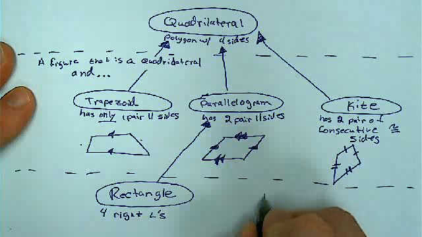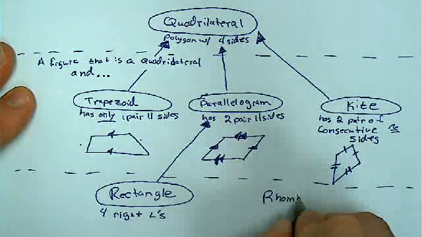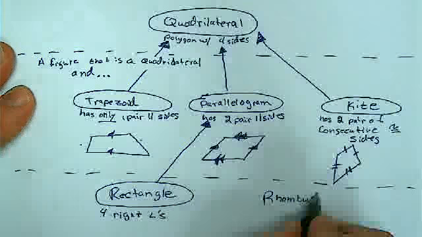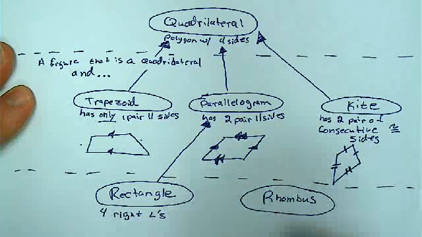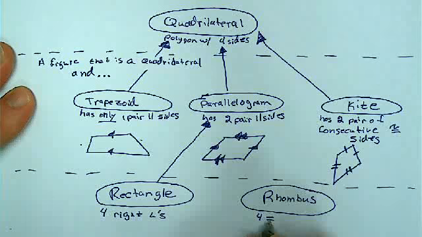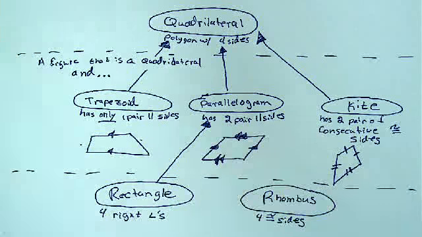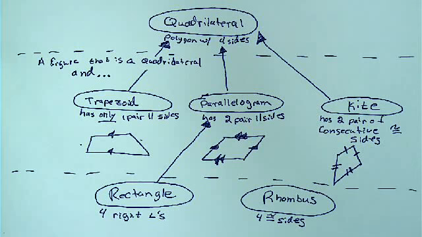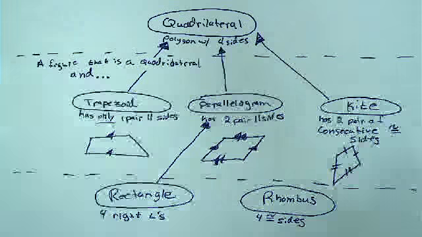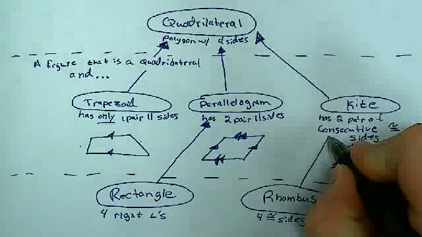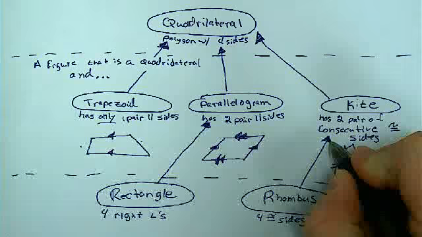And there's also the rhombus. It has 4 congruent sides. Now, it's kind of interesting with this by definition. If I draw any figure with 4 congruent sides, it's guaranteed to be a kite because it hits that 2 pair of consecutive sides rule.